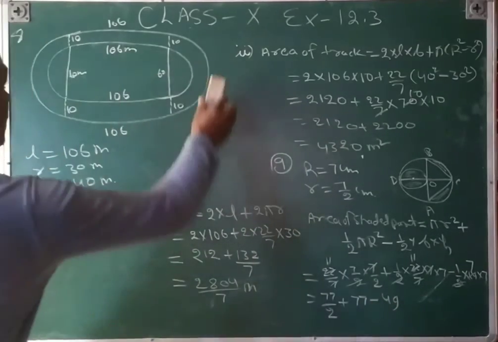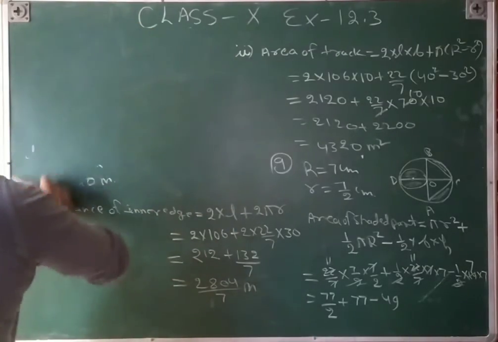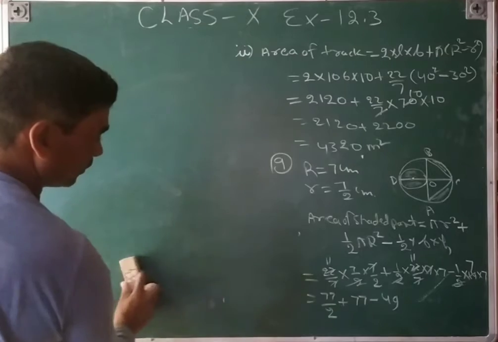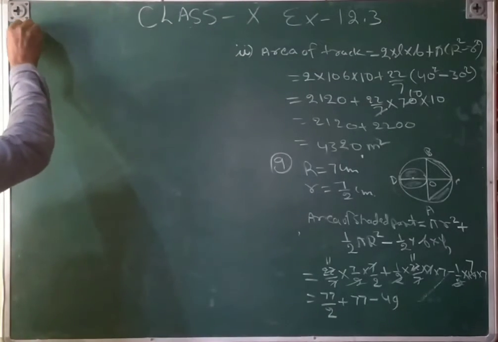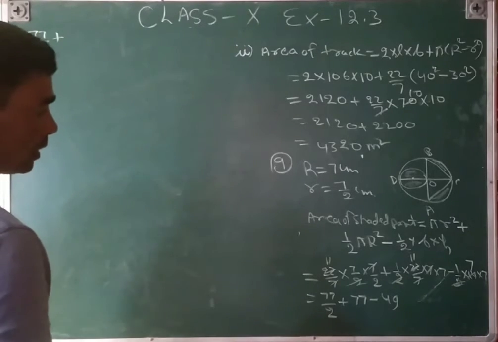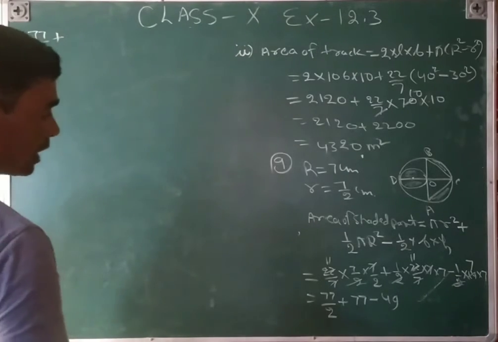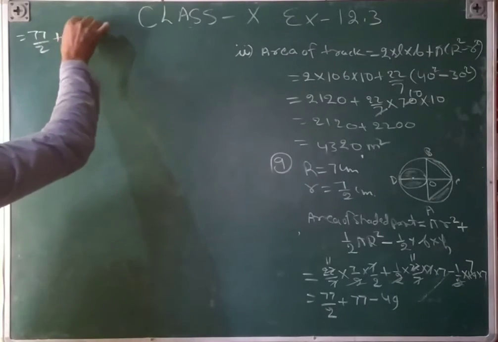Now you will see here 77 upon 2 plus 77 subtract 49, that will be 28.